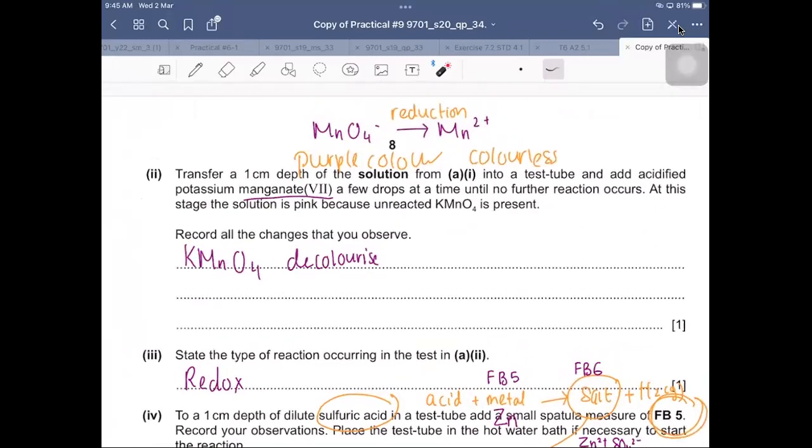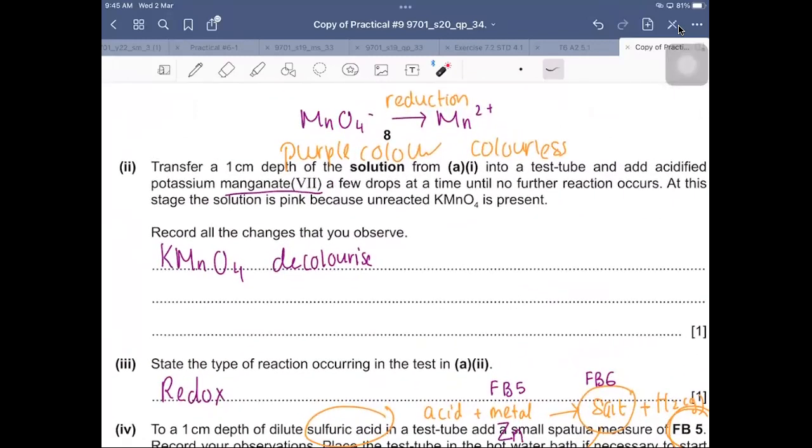All right, part 2, and this is also something that I want to remind you. When you use potassium manganate, say you have a test tube of a solution that is colorless. You add potassium manganate. It turns purple, right? That is not a change.